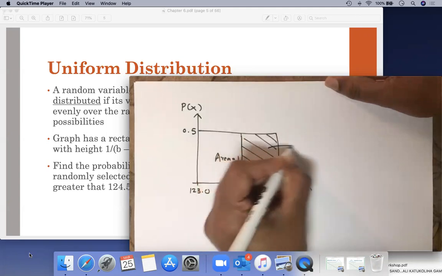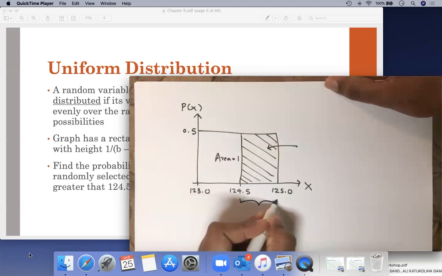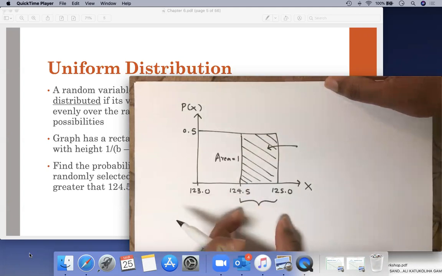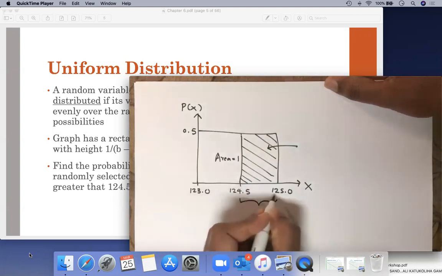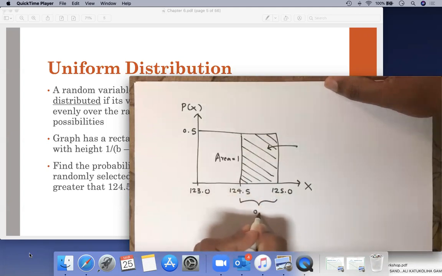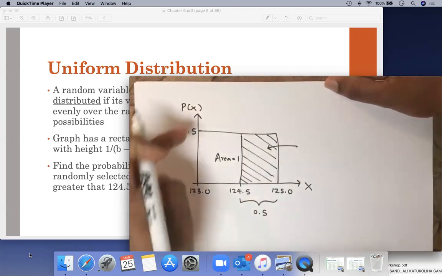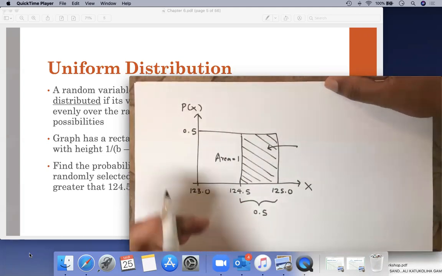So tell me, how can we find this area? You know this value. What is the length? You can subtract 125 minus 124.5. It will be 0.5. The height is also 0.5.